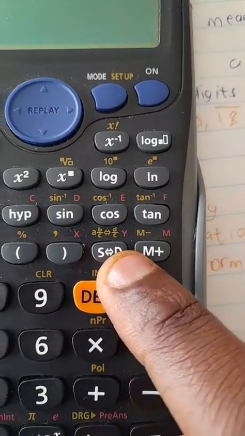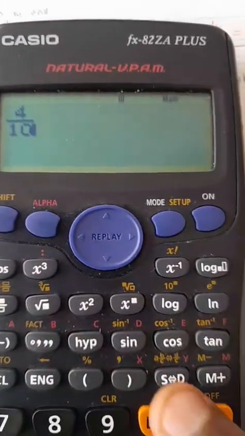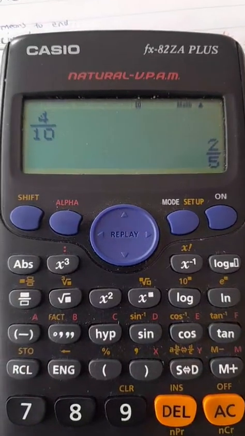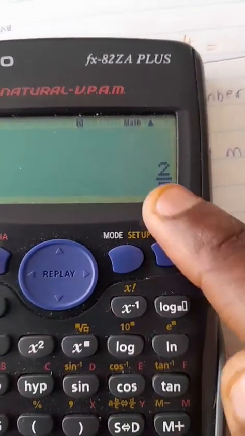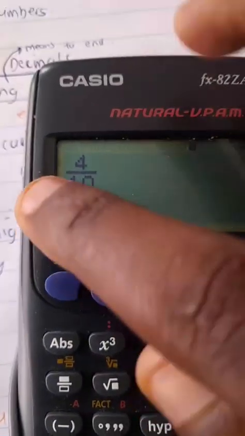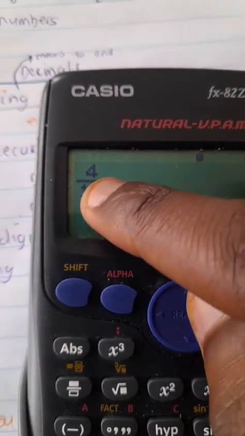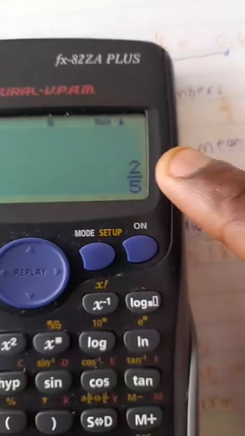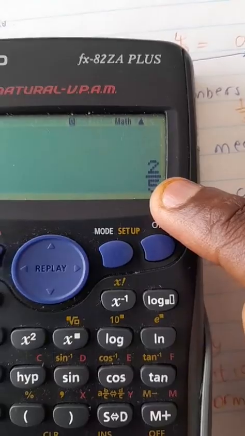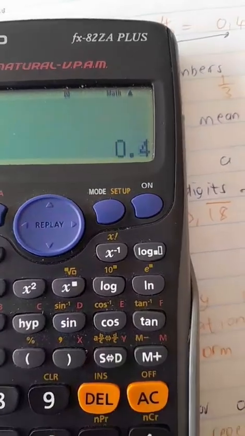You put in the 4/10, and then you come to this button, which changes the fraction into a decimal. So you press equal, you get 2/5. What this does, it actually simplifies the fraction for you. 4/10 is actually written as 2/5, and then you press SD.